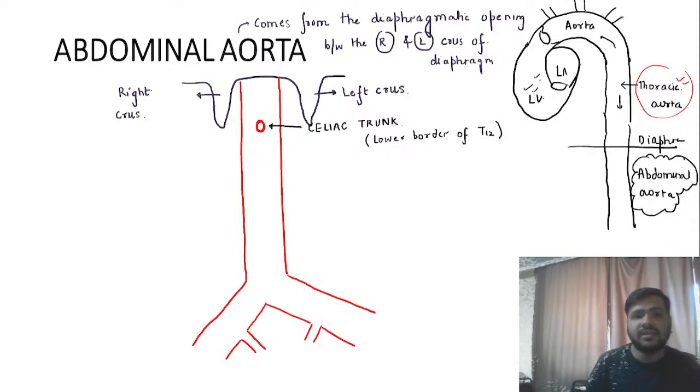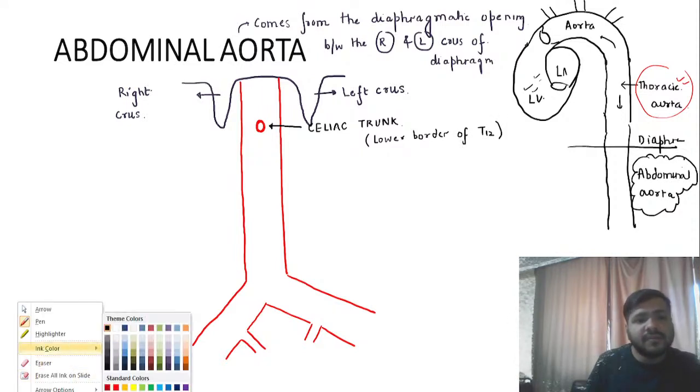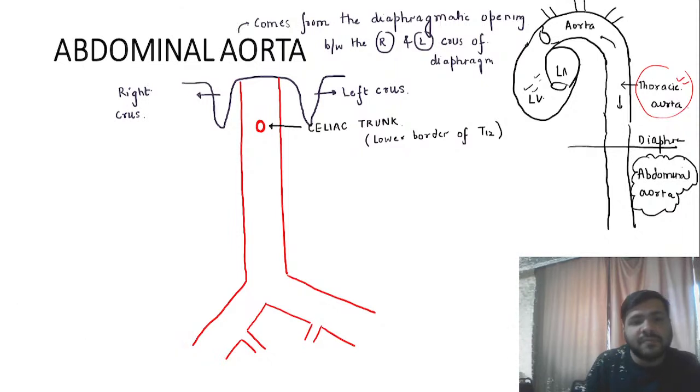So it is one of the branches. Now the second branch, beta, remember, is the superior mesenteric artery.